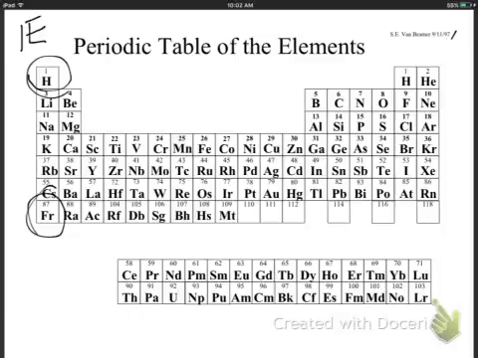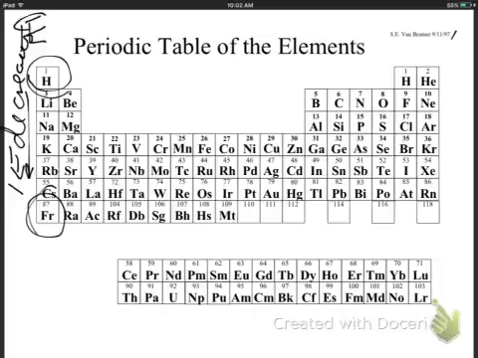So hydrogen gives it up easily, but francium leaves it on your desk and walks away. As we go down a group, IE decreases. So IE decreases down a group.